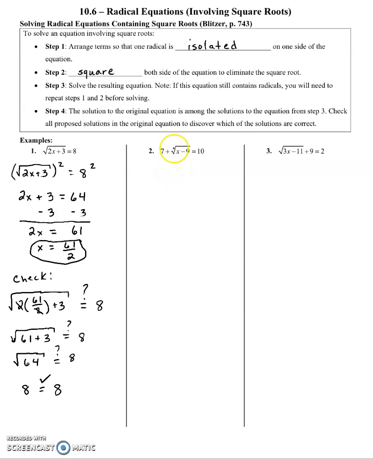Turning our attention to number 2, on this one, the radical is not isolated. So first, we need to subtract 7 from both sides of the equation. That leaves us with the square root of x minus 9 equals 3. And now we can square both sides of the equation.